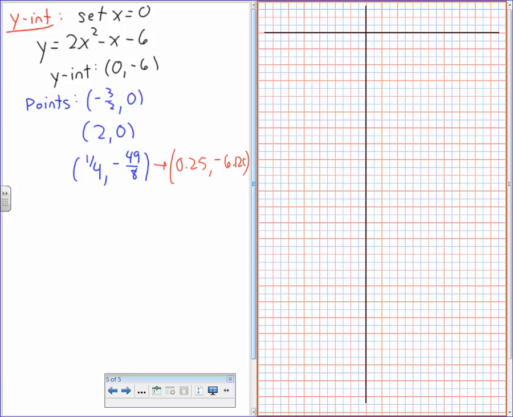Okay, so I'm going all the way down to negative 6. Please make the best use of your graph paper that you can. There's 0, 1, 2, 3. There's x. There's y. There's negative 1, negative 2, negative 3. I went down to 6.